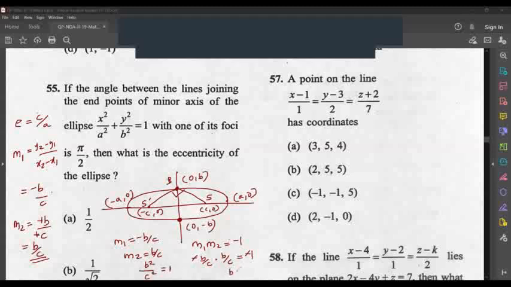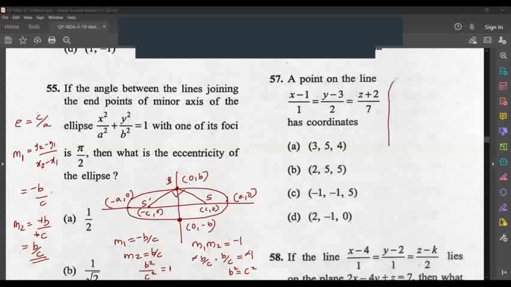That is, b square is equal to c square. Isn't it? Can I write like that?